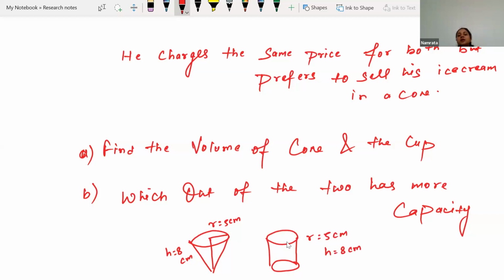Now read the next part, like he charges the same price or not. From here only you have to read it and tell me how we will be proceeding over here. Anyone?